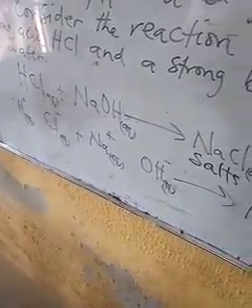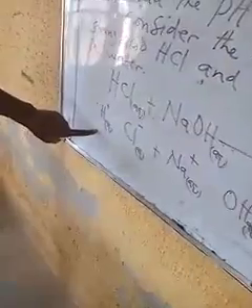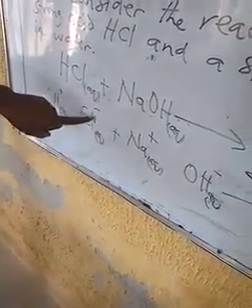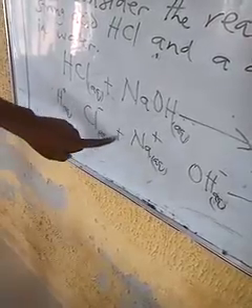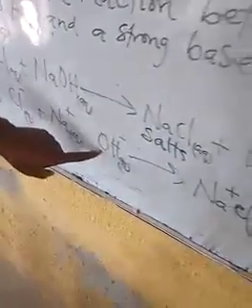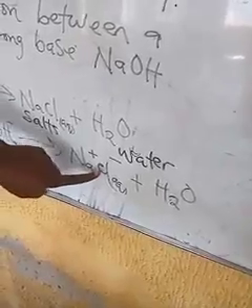So as you can see, this kind of reaction is called neutralization reaction. Any reaction between an acid and a base that will result in producing salt and water is called neutralization reaction. You can see here in its ionic form, hydrogen ion and Cl negative ion react with sodium ion and OH ion.